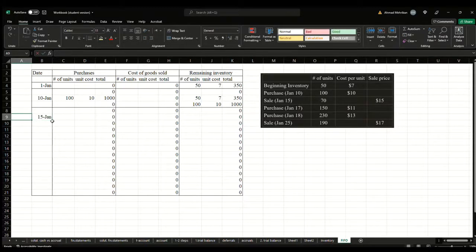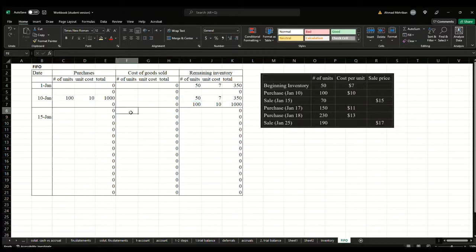On January 15, we sold 70 units of our toys, and again we are using the FIFO method. The FIFO method says that you assume you're selling first what you bought first.